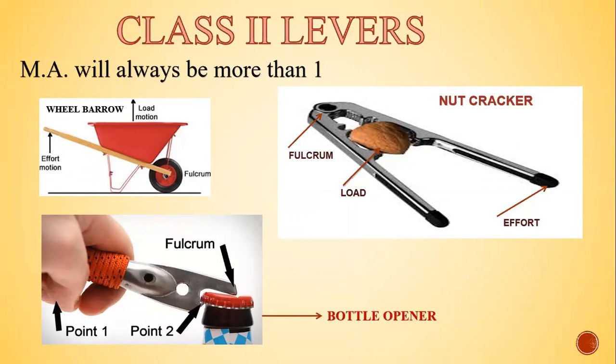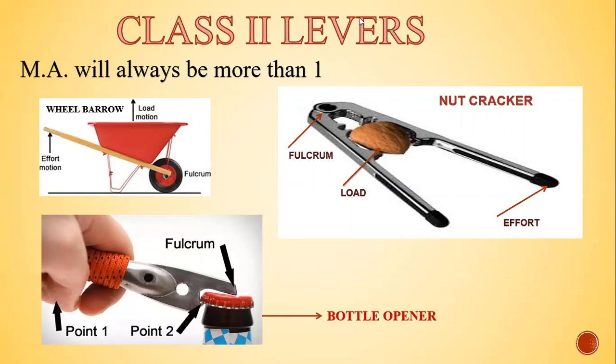So for class 2 levers, the mechanical advantage will always be more than 1, because in a lever where the load is between the fulcrum and the effort, we will always find that the load arm will be less than the effort arm.